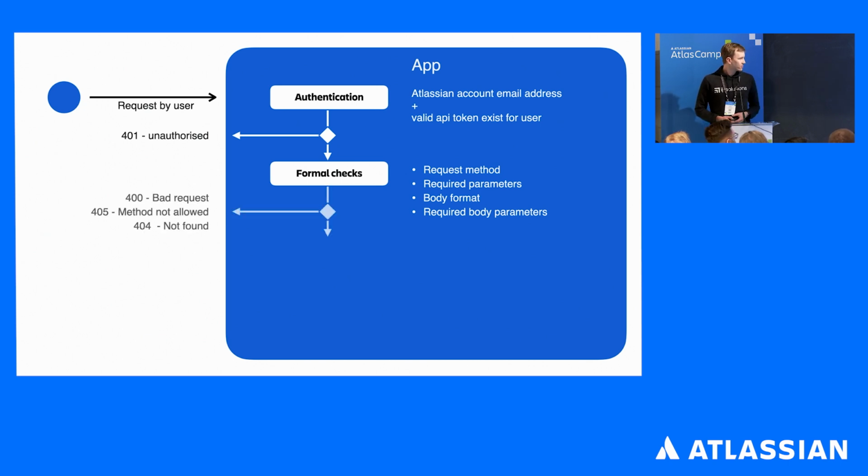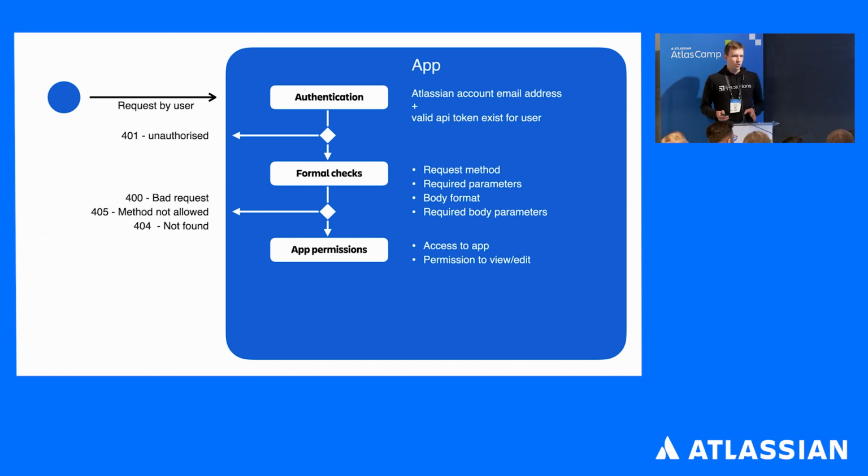If that fails for some reason, we return either 400, 405 or 404. 404, as an example, when someone wants to edit something, and so there needs to be an ID provided for the item to edit. If it's not found, or if a project is not found where something needs to be edited, then we return a failure.